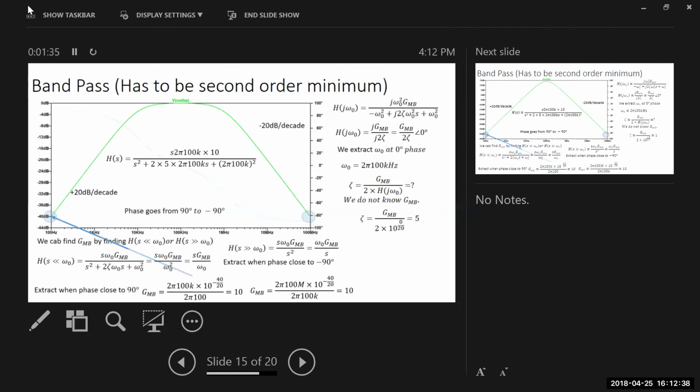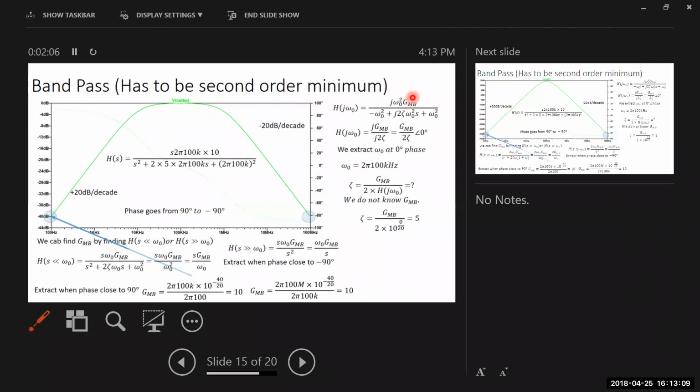So here, the bandpass. The thing is, how do you find this mid-band gain? It's just not as straightforward as setting the frequency to 0 or to infinity.